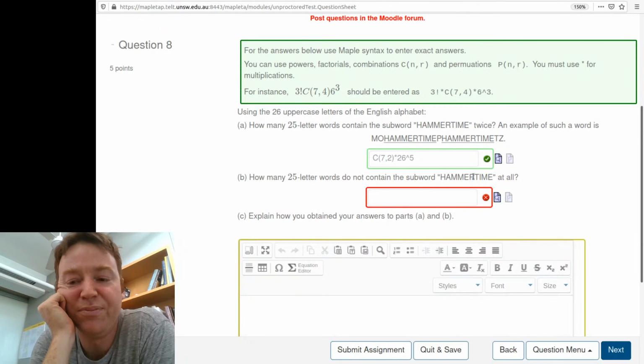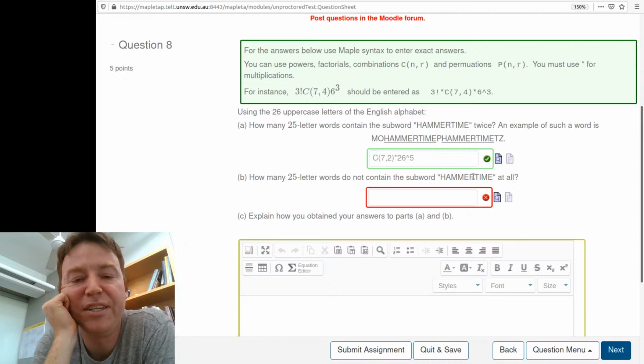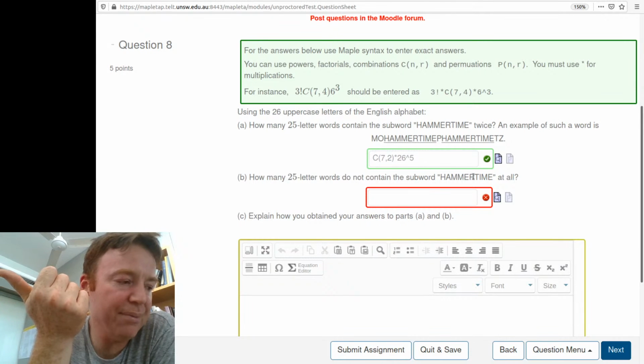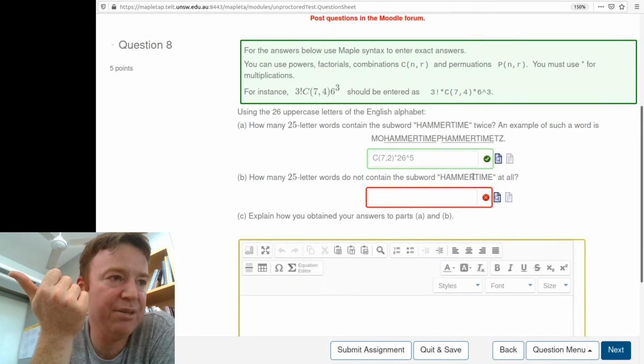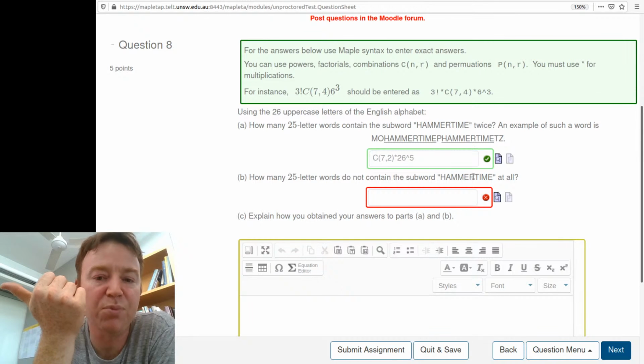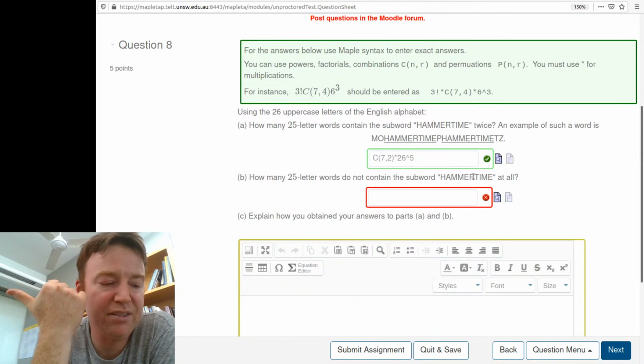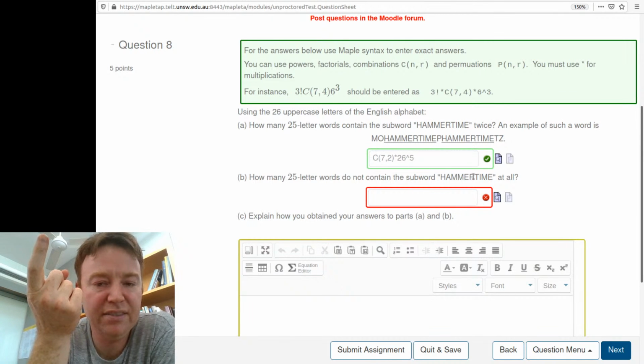Okay, so how many words do not contain the subword hammer time at all? Well, how many contain them? So this is going to be an inclusion-exclusion thing. How many words contain hammer time at least once? How many contain it twice?